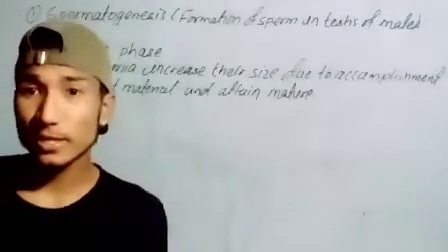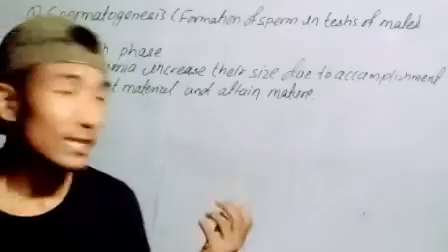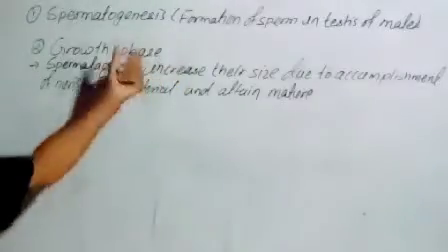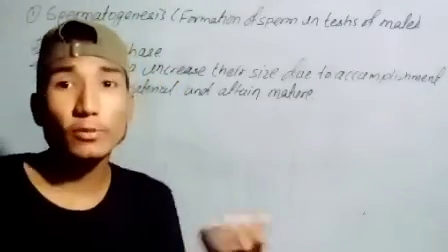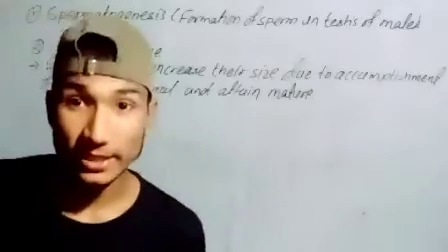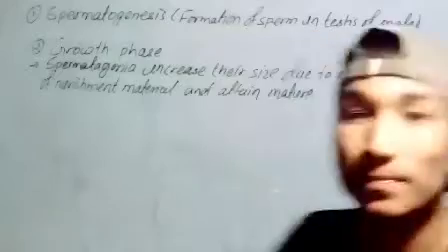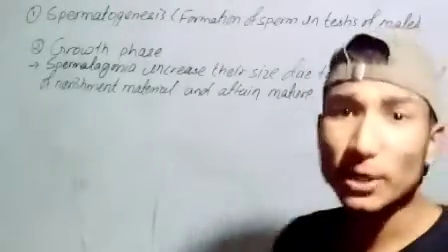Nourishment material means food, protein. It gives the energy, and due to taking the energy, the spermatogonia increase their size and attain maturity, and those mature cells are called spermatocytes.